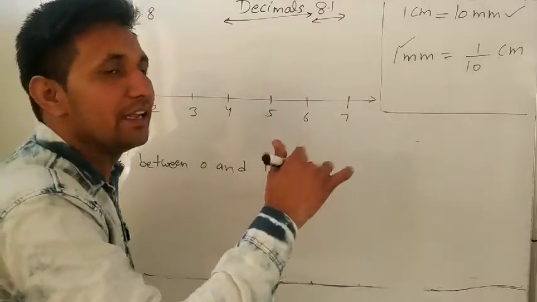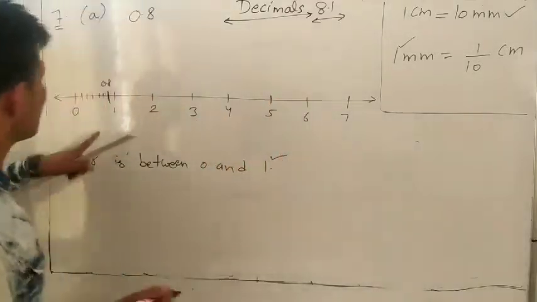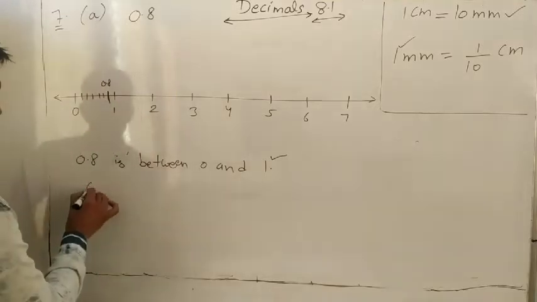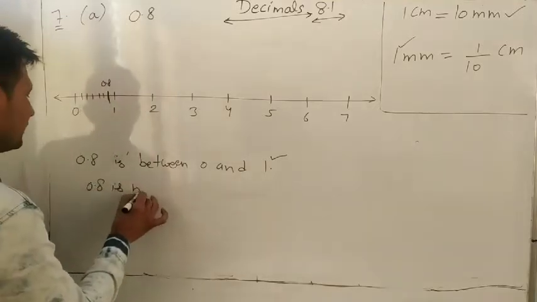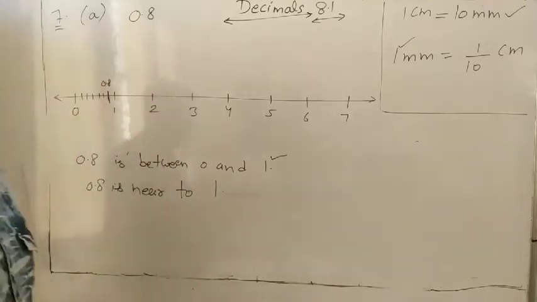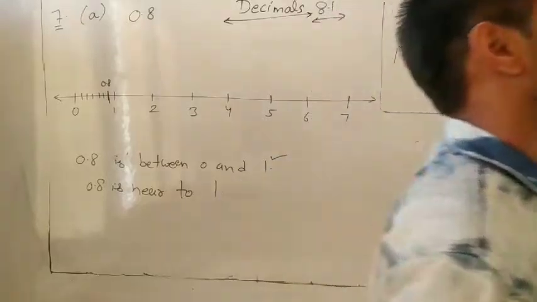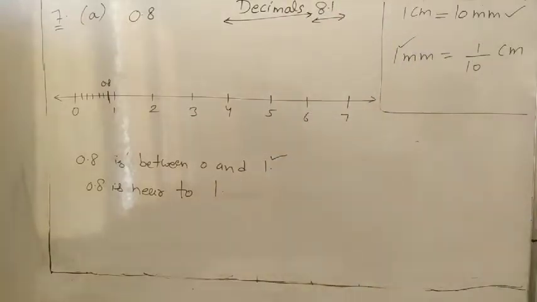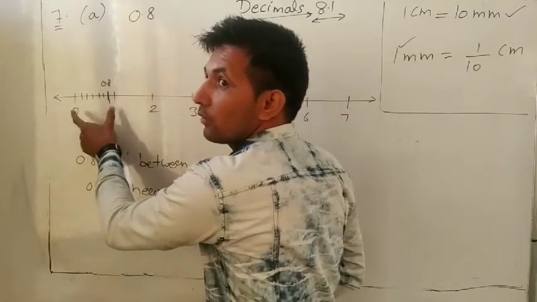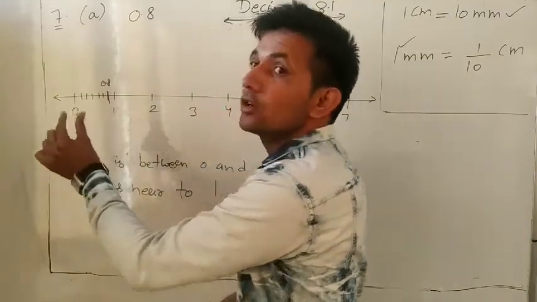After 0.9 is 1. So 0.8 is near to 1 or 0? Right, it is near to 1. Yes, only this one we have to find. In question number 7 we have to write the whole numbers it lies between, and we have to find which number it lies near to.